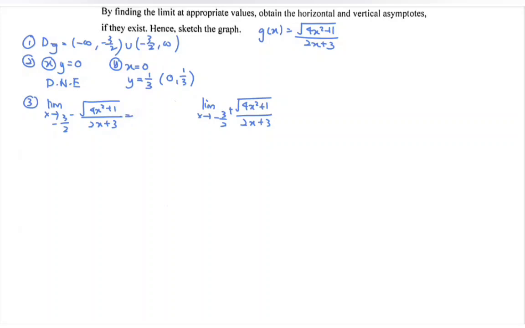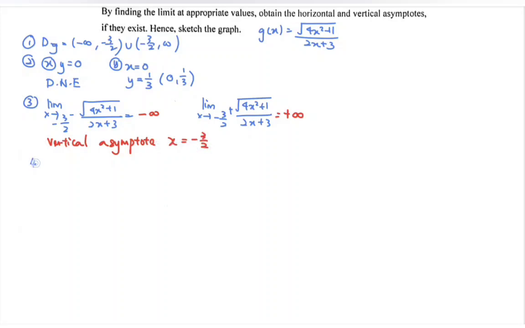By referring to the calculator, we notice that we have negative infinity, which means that when x approaches negative 3 over 2 from the left, the graph will be decreasing. Whereas for the situation on the right, when x approaches negative 3 over 2 from the right, the value of y will be increasing. So from here, vertical asymptote x is equal to negative 3 over 2.